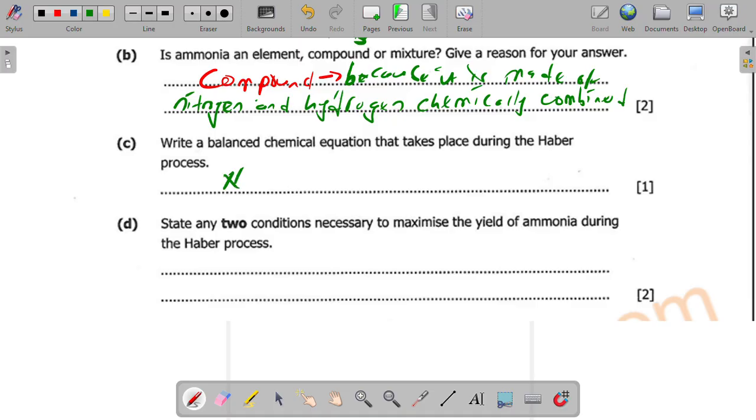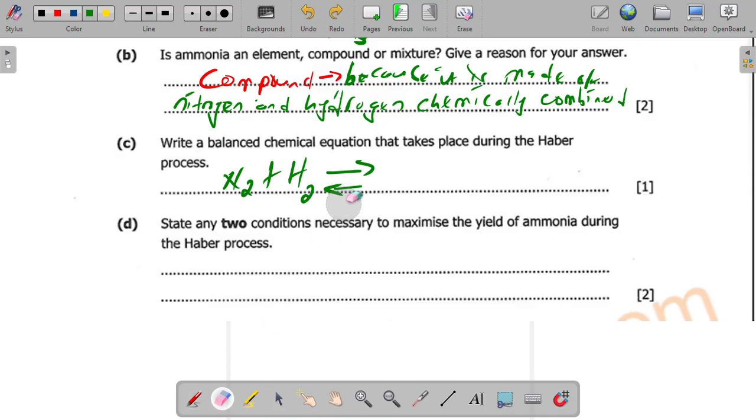Okay, so we have our N nitrogen plus, okay, 2, we have this and that. This means the reaction is reversible.